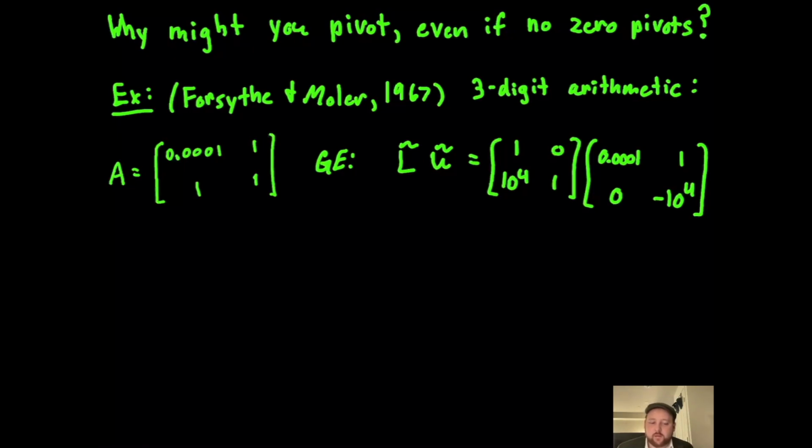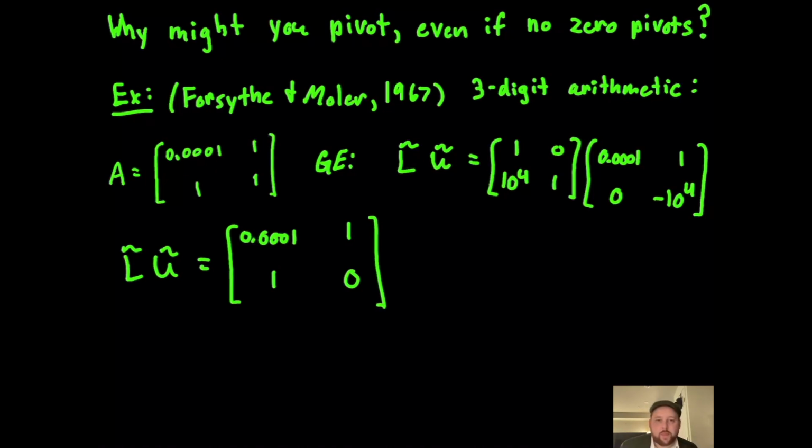So now you might ask, well, I've computed L and I've computed U in the A is equal to LU factorization using Gaussian elimination. So let's multiply them back out and check, does it equal A? So what we see when we multiply it out, and again, we're still using our 3-digit arithmetic system, what we get is 0.0001, 1, 1, and then 0 in the bottom right.